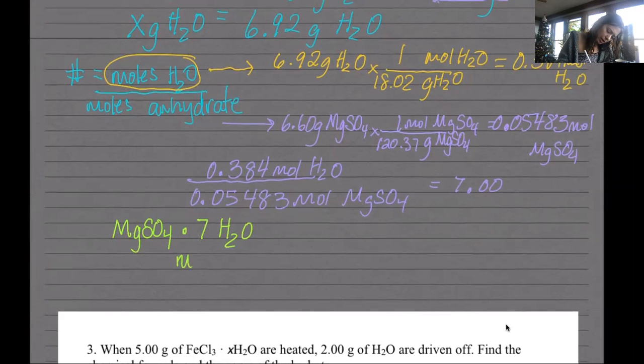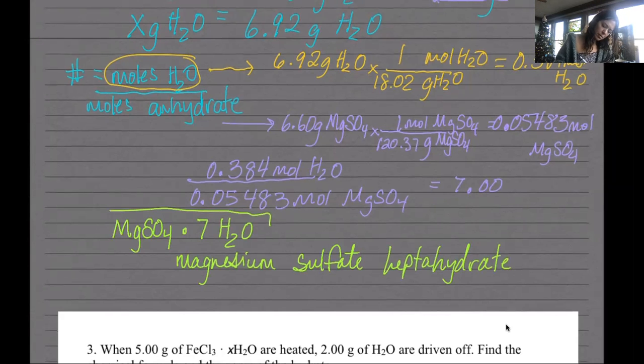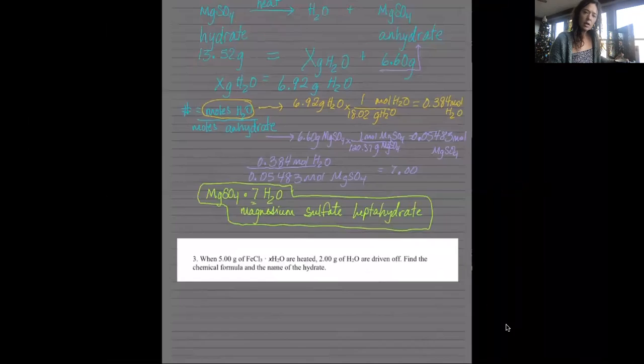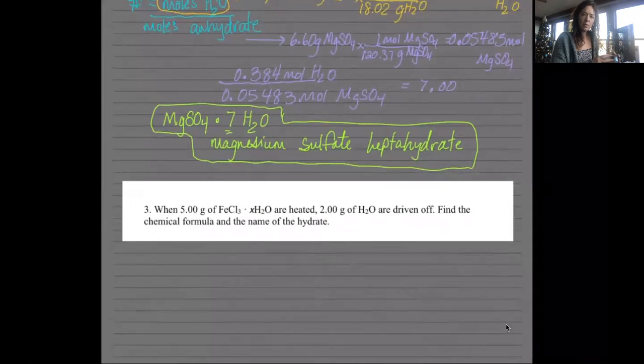That is magnesium sulfate, hepta, sorry guys, let me fix that, heptahydrate. There's my answer. Okay, so you want to be particular with your values because once again, you're looking for very good whole numbers. So you don't want to do too much rounding.